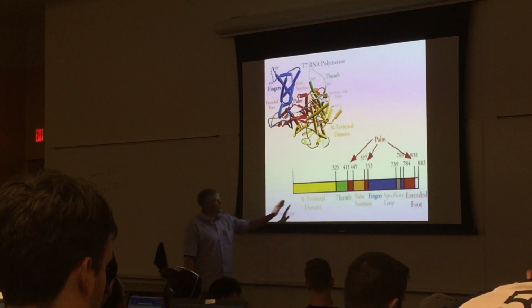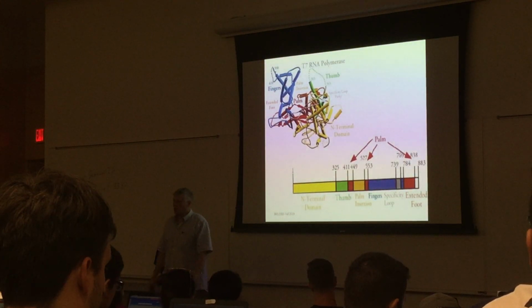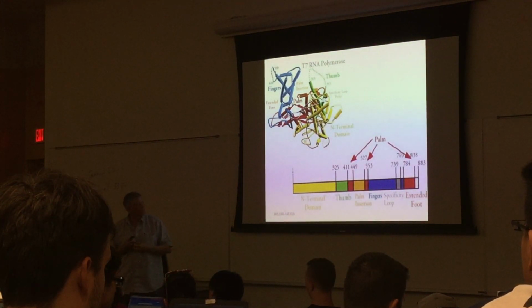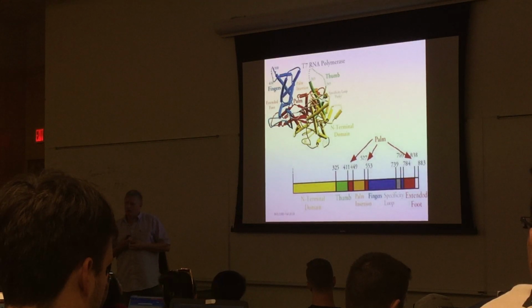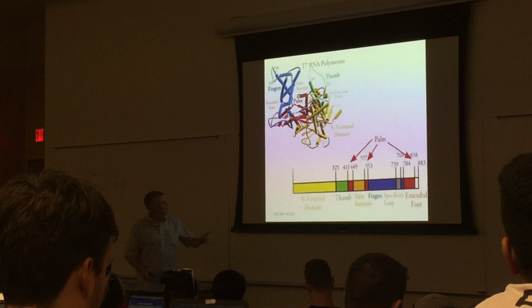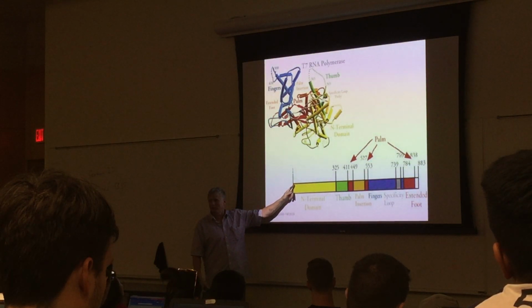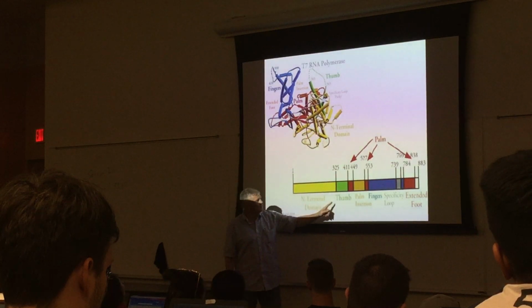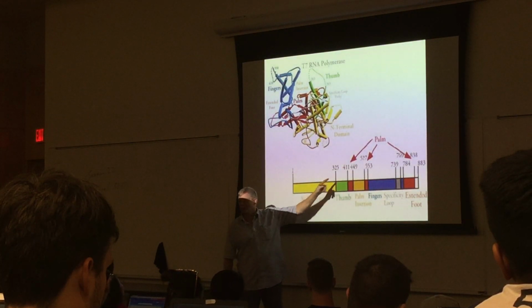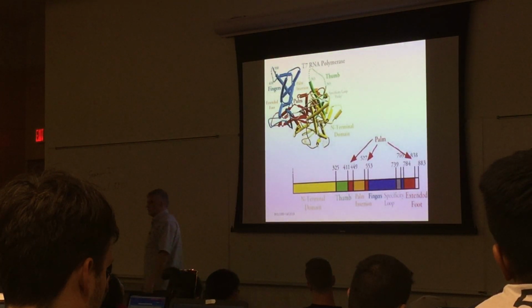So the N-terminal domain. How many amino acids in the N-terminal domain? Well, it turns out that if you said 325, we're reading it wrong. Okay? The first amino acid of the N-terminal domain is right here, amino acid 1. The first amino acid of the thumb domain is amino acid number 325.